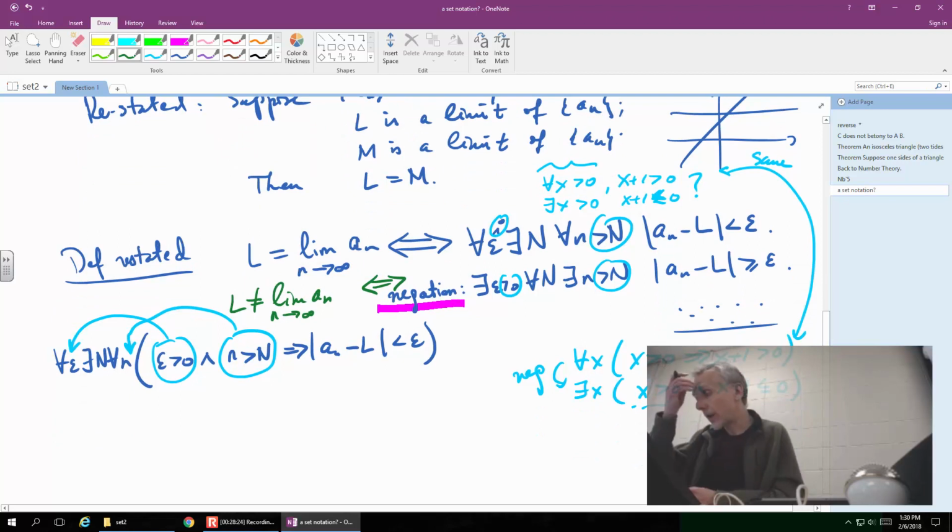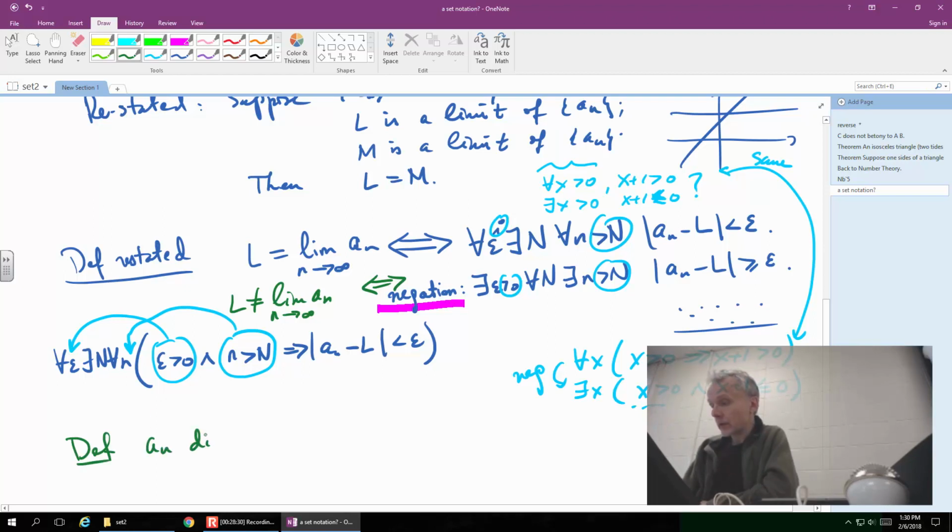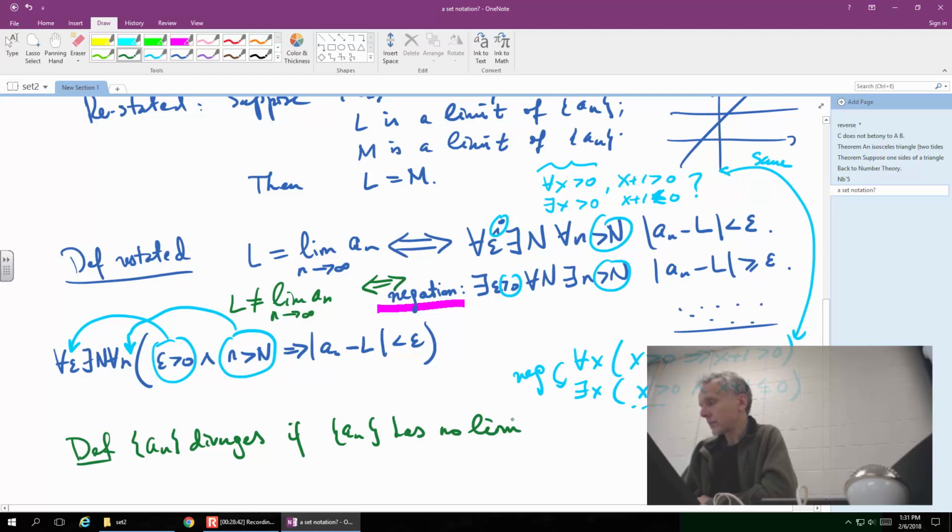That is why the definition of divergence is, so a_n diverges, there is a very simple way to state it: if and only if a_n has no limit. So that's the technical definition of any kind of sequence of functions that diverges: there is no limit.